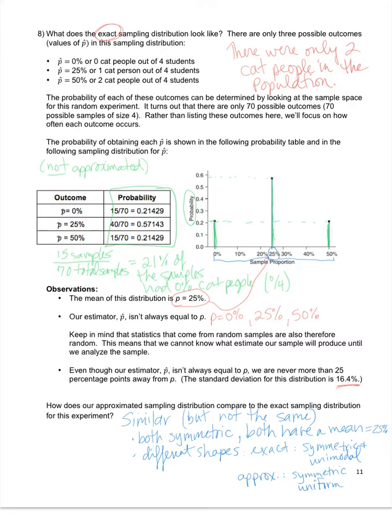Right. In order to see these two closer together, one resembling the other, we would need more samples, more repetitions, so that, again, the approximated sampling distribution would get closer to the exact sampling distribution.